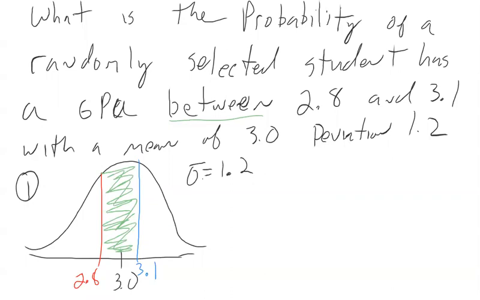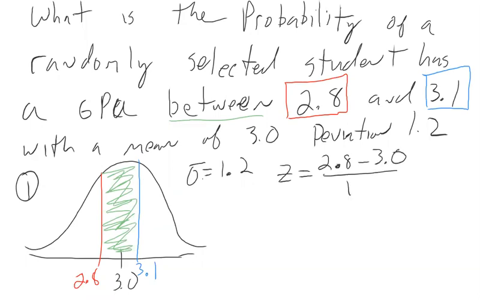So, because I have two events, I will have to find two z-scores. So z equals 2.8 minus 3.0 all over 1.2, put in my parentheses, and then z equals 3.1 minus 3.0 all over 1.2, put in my parentheses.